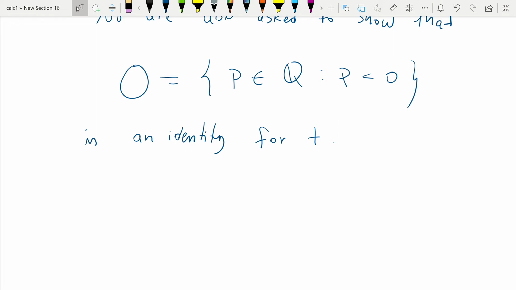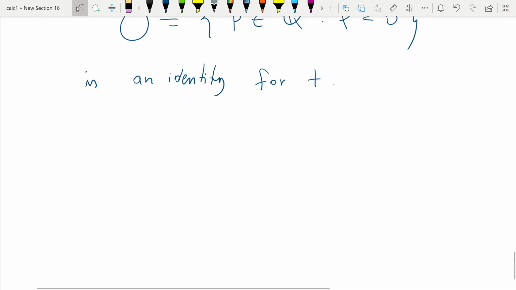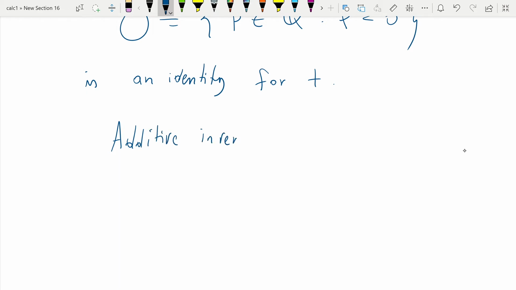And so now the question is additive inverses. So how do we define additive inverses?